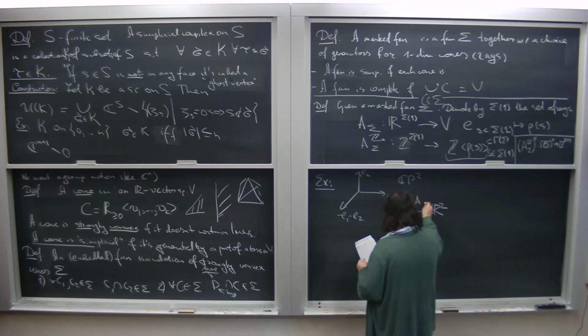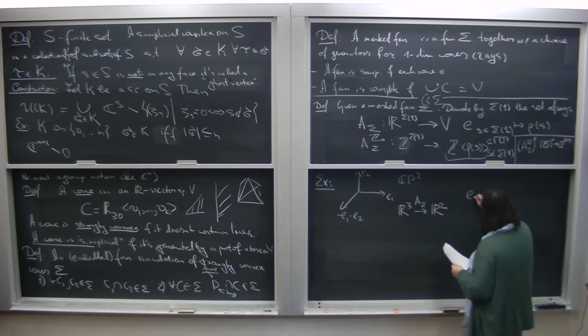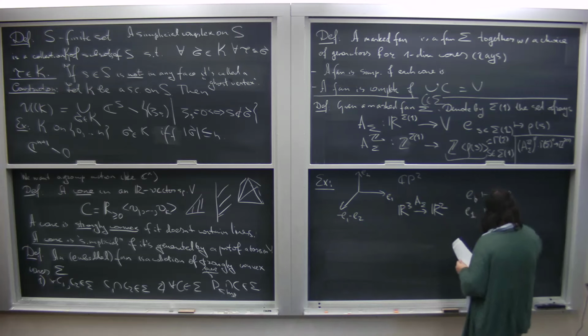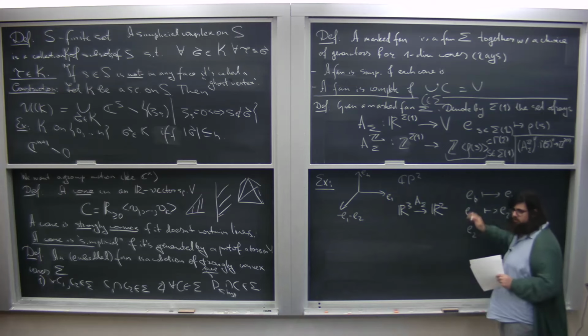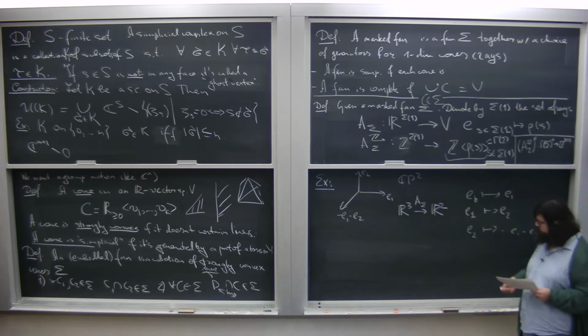So this is a sigma, and it sends E0 to E1, E1 to E2, and E2 to minus E1, E2. And then you have the same homomorphism of abelian groups given by the same formulas.